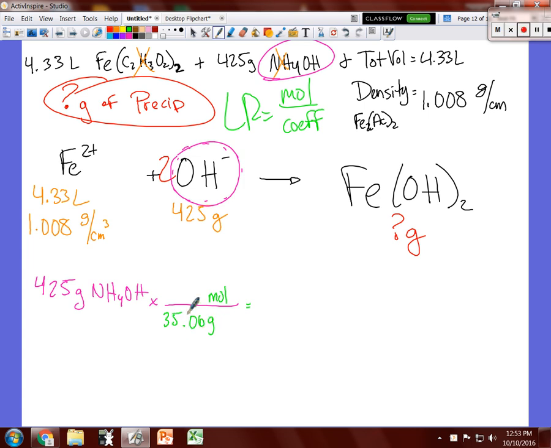Thank you. Y'all are going to give me the right answer no matter what. All right, so this is the moles of ammonium hydroxide, which will be what? What's your answer here? 12.1? 12.2?